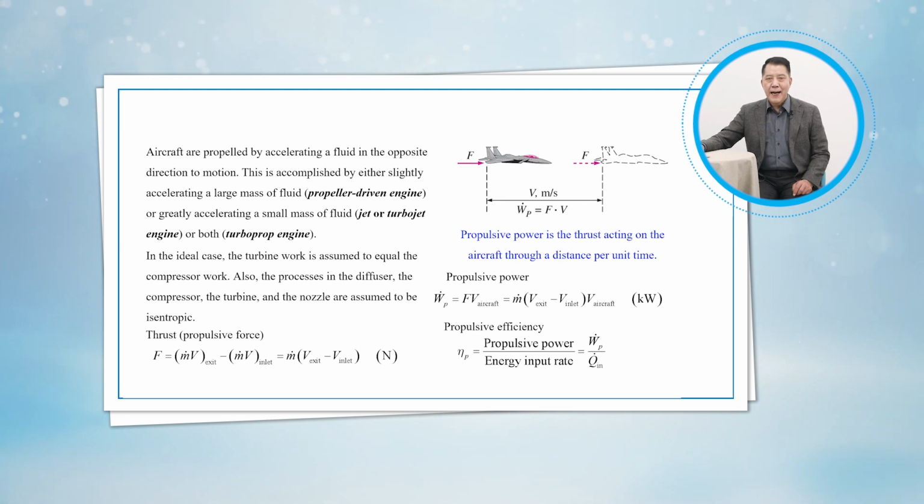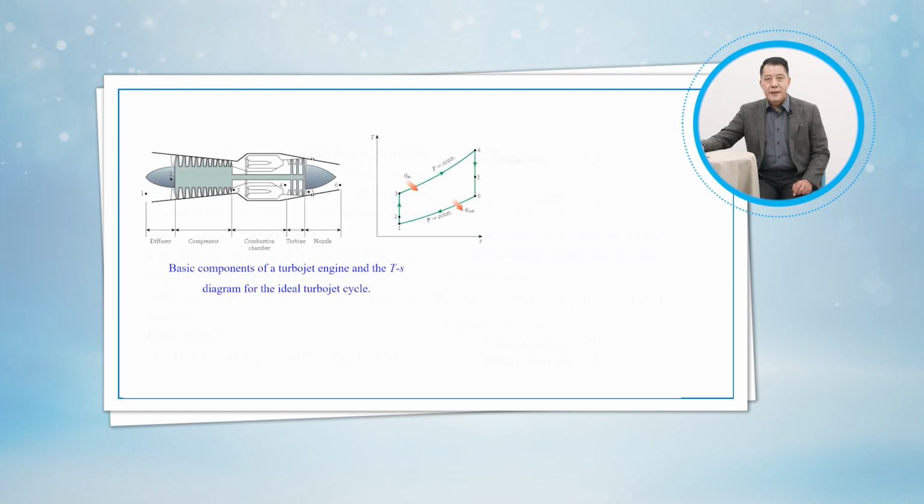The remaining part of the energy released shows up as the kinetic energy of the exhaust gases relative to a fixed point on the ground and as an increase in the enthalpy of the gases leaving the engine. These are the basic components of a turbojet engine and the T-S diagram for the ideal turbojet cycle.